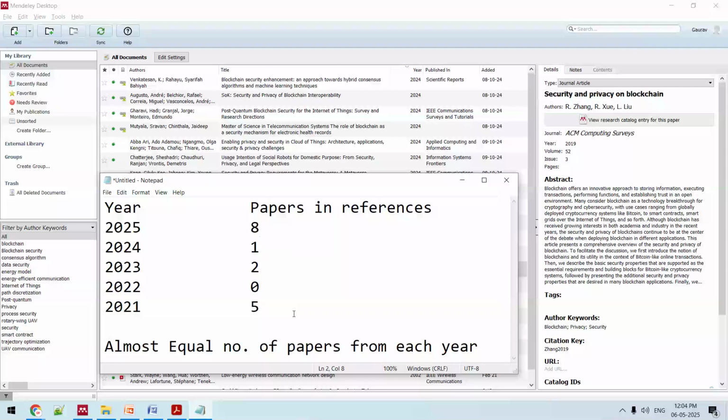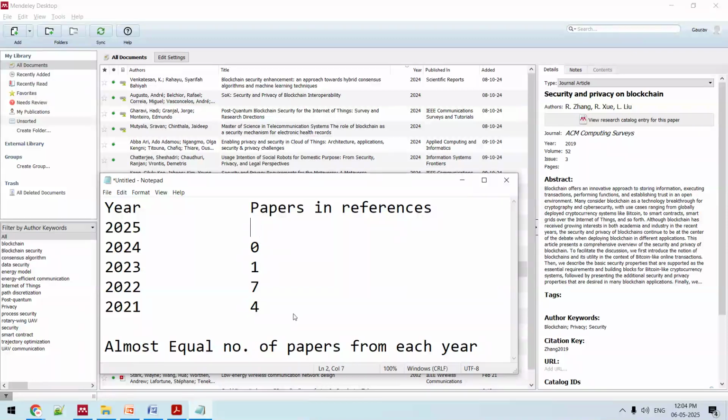This is okay: 8, 7, 10. It can be justified that in a particular year we have taken a selected number of quality papers, rather than downloading papers haphazardly. So this is manageable, but the other one is not fine.